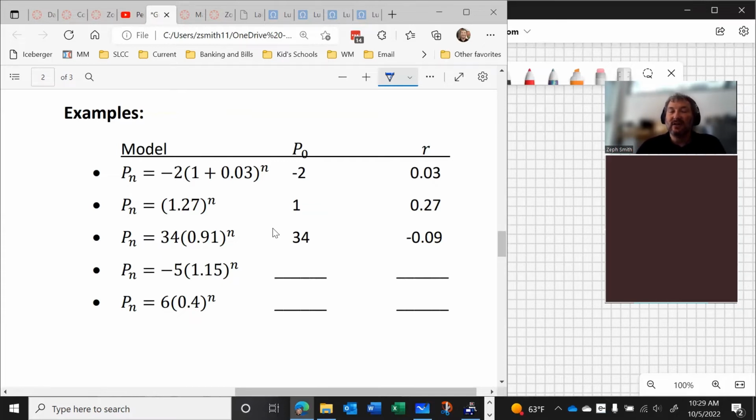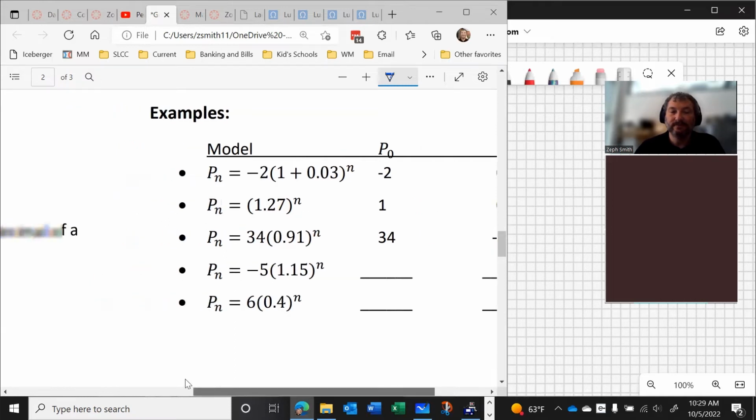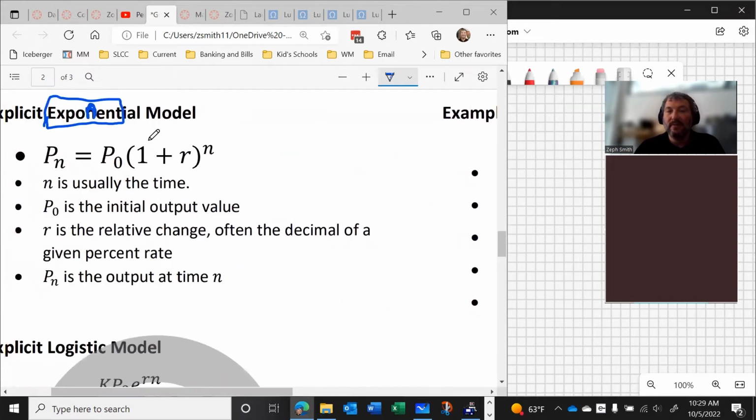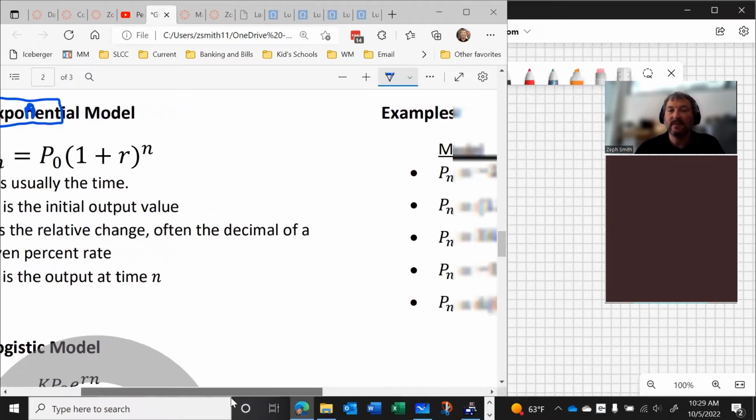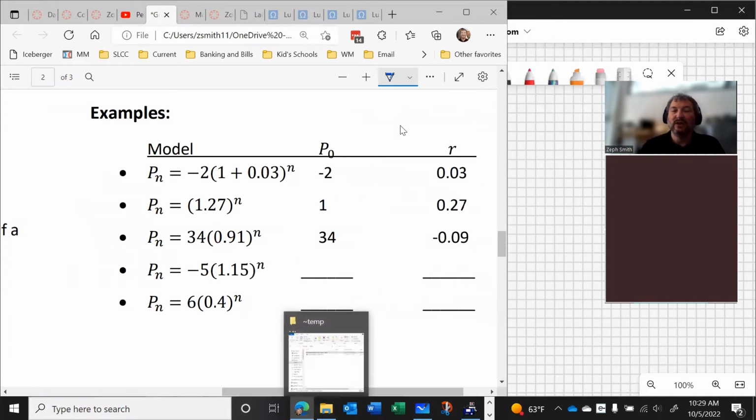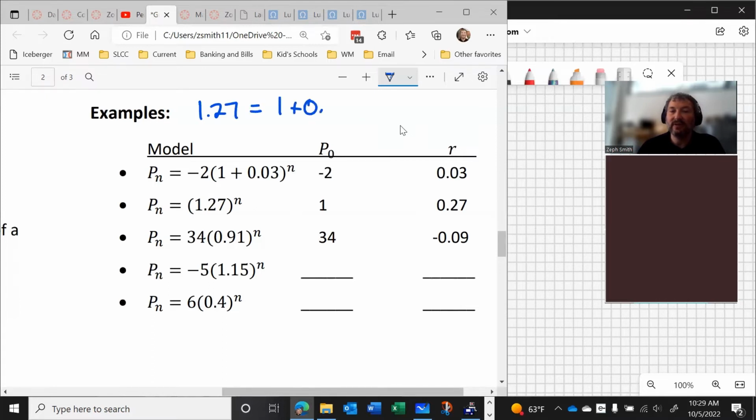Now the rate, the growth rate. In the formula, the base of the exponential is 1 plus r. So this one's written really nicely. 1 plus, well, that's clearly r. But this one, 1.27, isn't written as nicely. You can write it as 1 plus 0.27 if you'd like to get r.